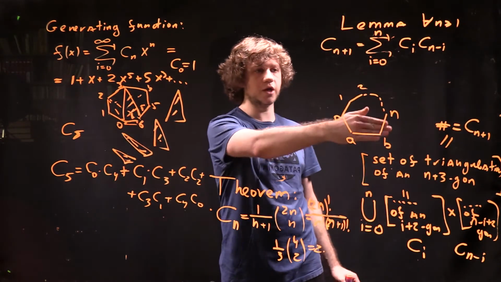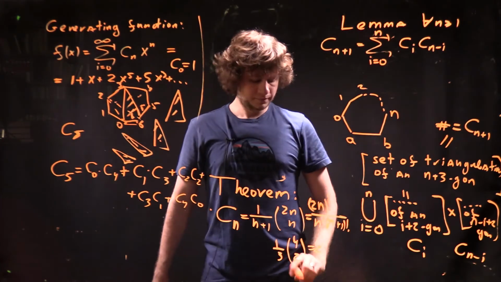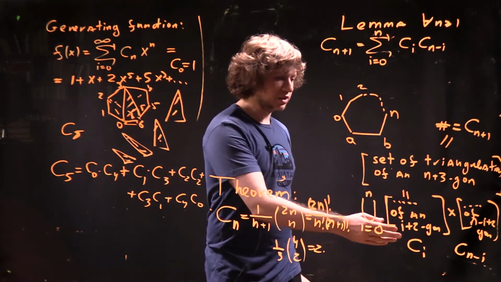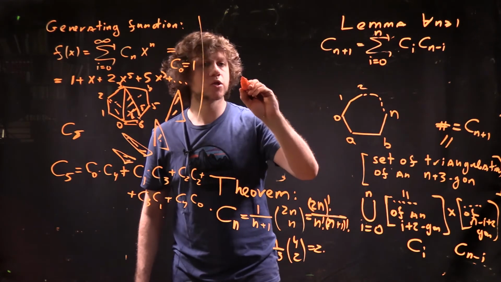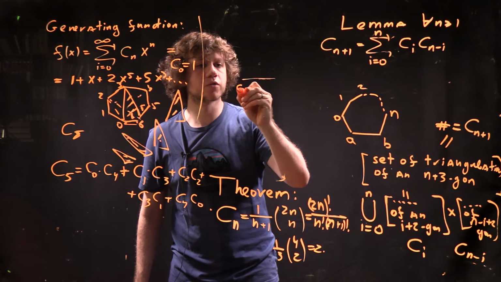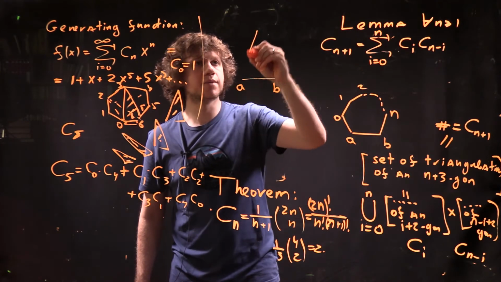So how to explain what the bijection is? Okay, what this bijection does is it takes two triangulations, and then it takes a triangulation of our polygon by a triangle ABi.